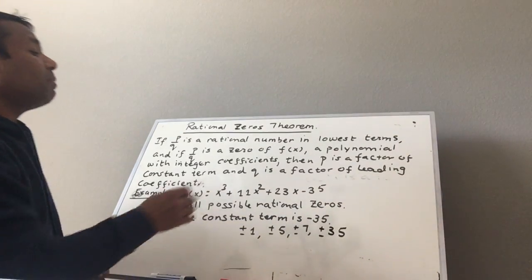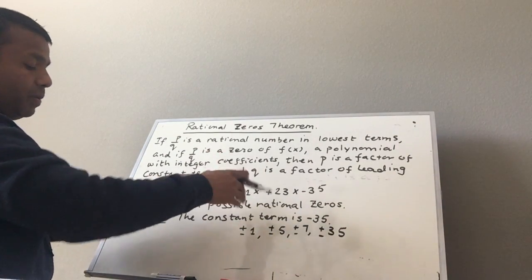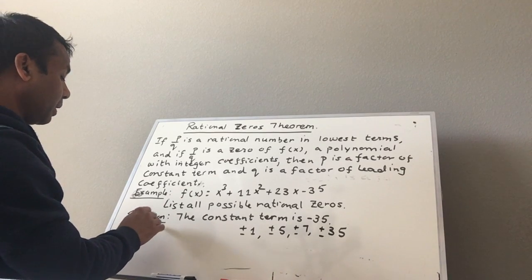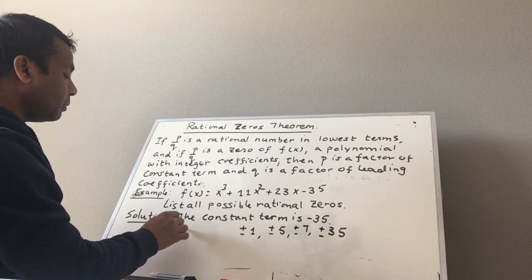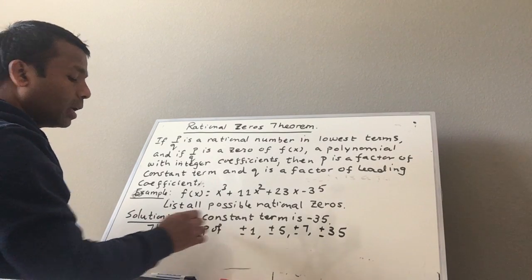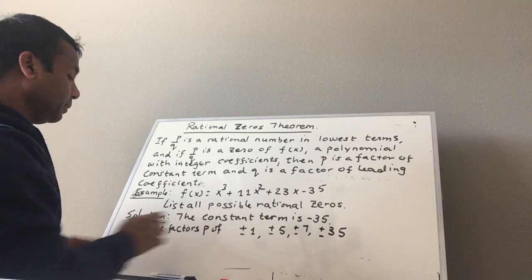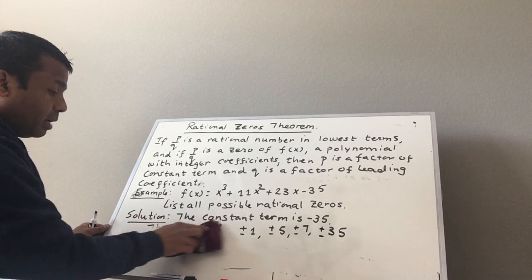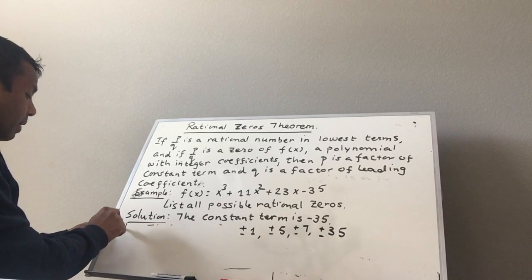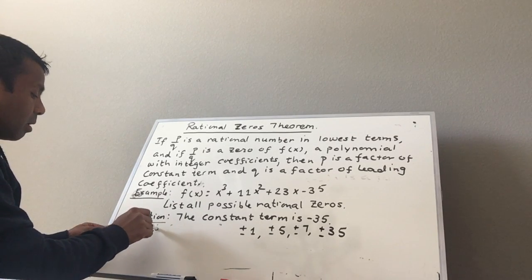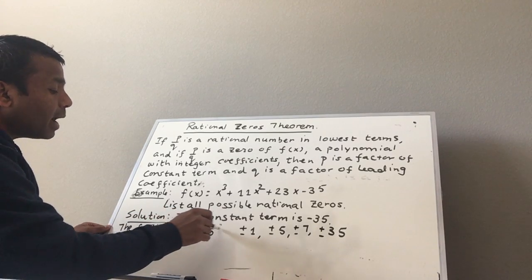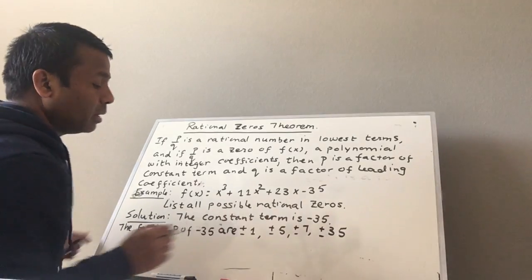So these are the values of P. The factors P of negative 35 are these.